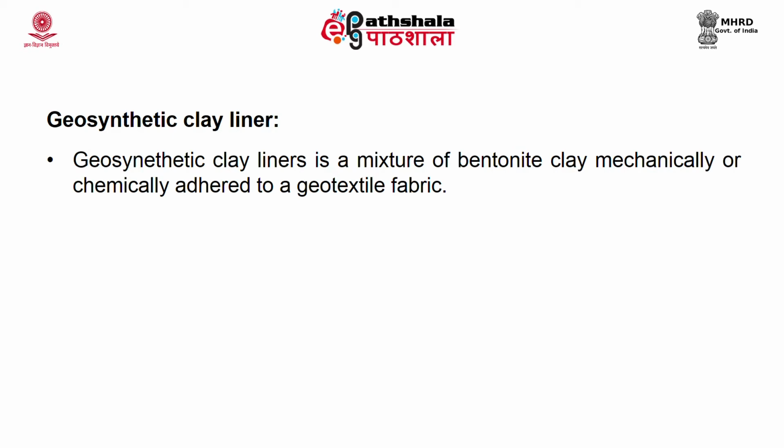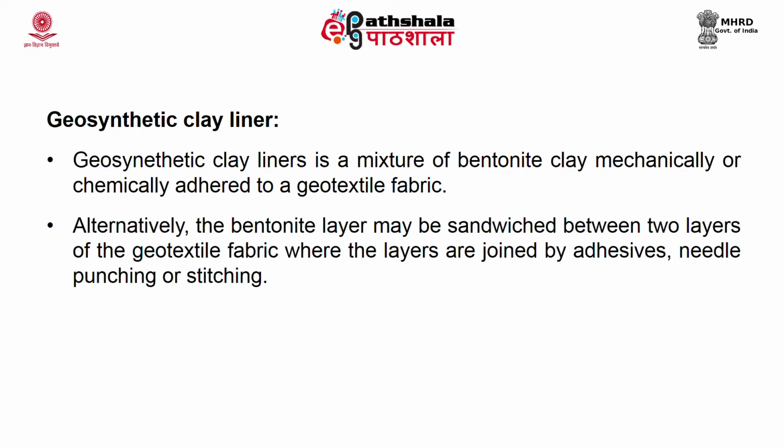Either this can be done mechanically or chemically. So, this combination is called a geosynthetic clay liner, where a polymer geotextile fabric will be lined with a bentonite clay. Alternatively, the bentonite layer may be sandwiched between two layers of geotextile.